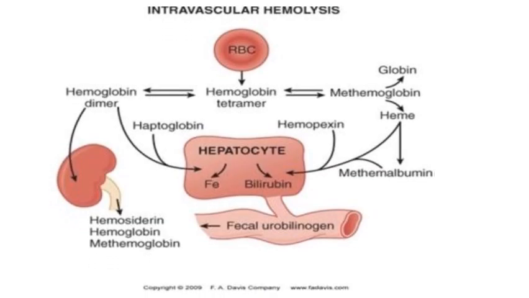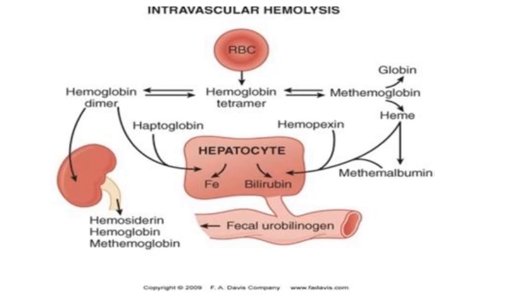This is a scheme showing intravascular hemolysis. In the next slide, we will discuss what happens in intravascular hemolysis. These are RBCs. When the RBCs are destroyed, hemoglobin is released from the red blood cells.